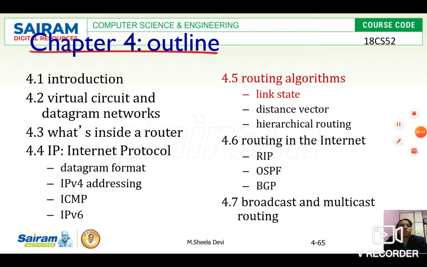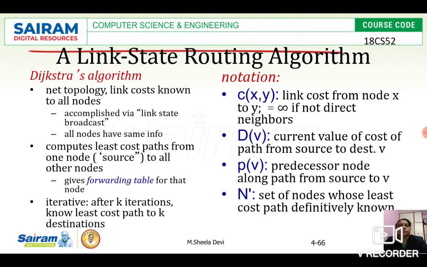So in this video we will see how to execute Dijkstra's algorithm and how to calculate the shortest path with the help of the routing table. What is Dijkstra? Why is it named so? It is named after the inventor's name.